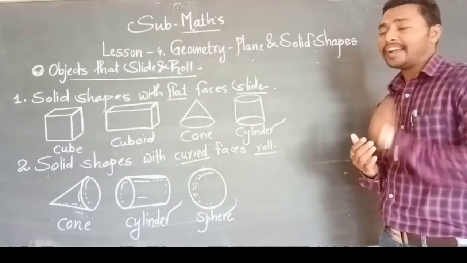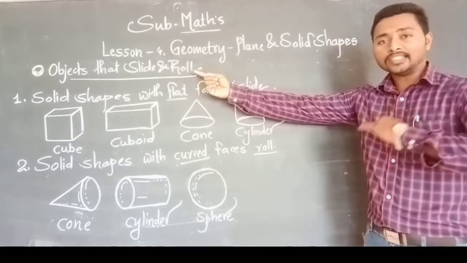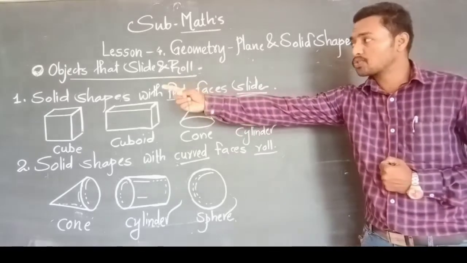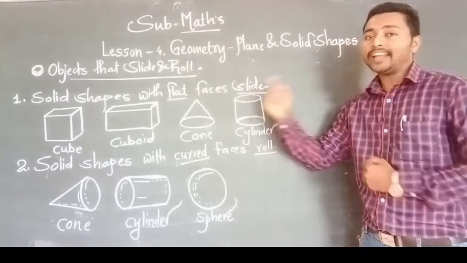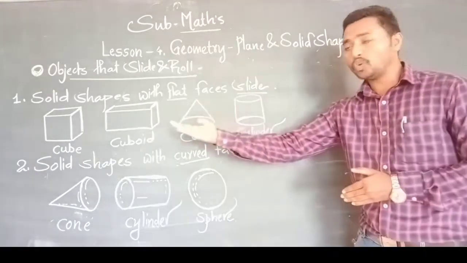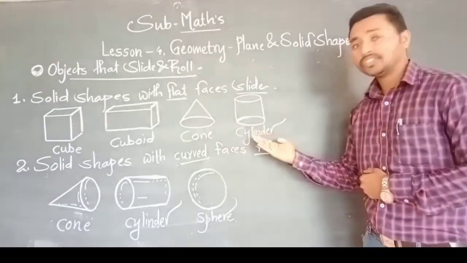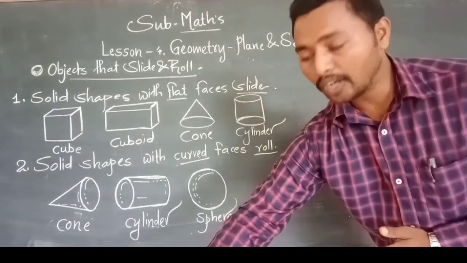The next and last point in this chapter, objects that slide and roll. Point number 1, solid shapes with flat faces can slide. Observe these figures of cube, cuboid, cone and cylinder. They can slide. So I would like to show you.